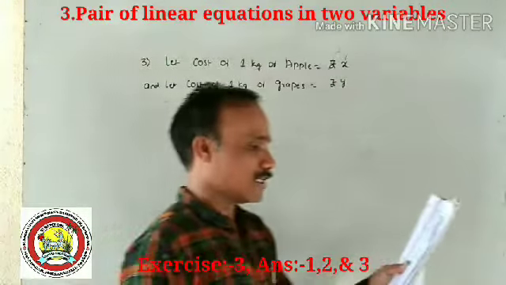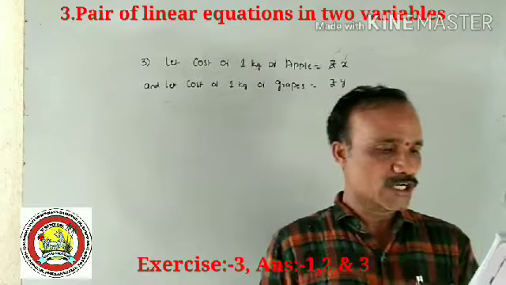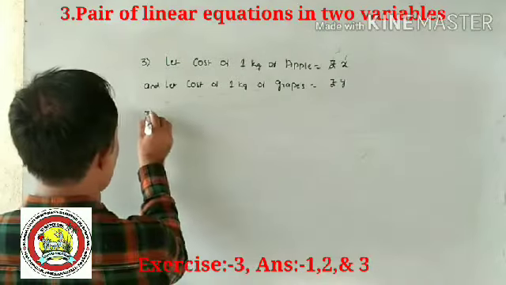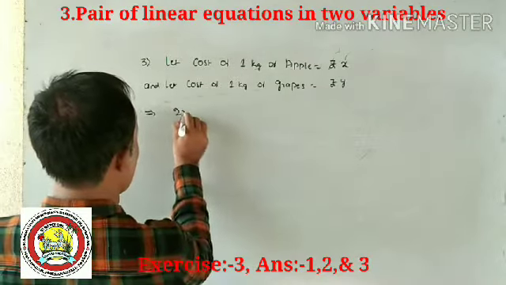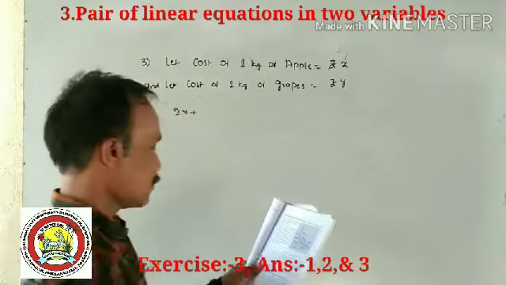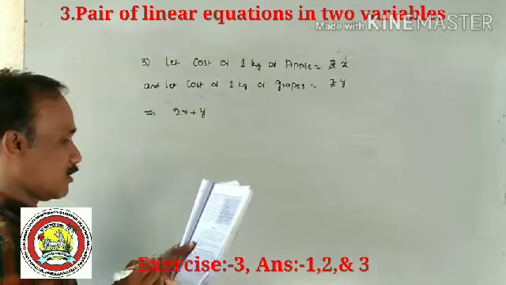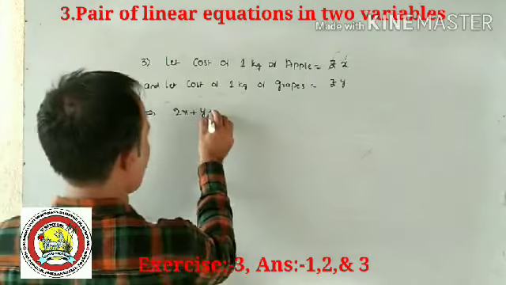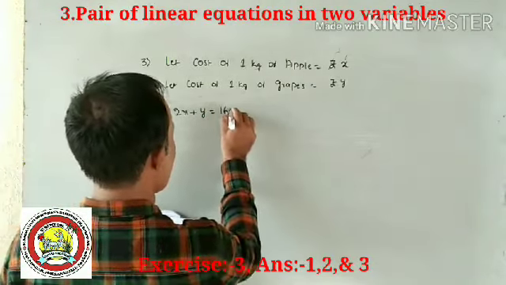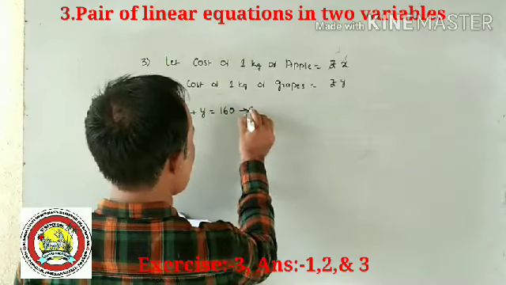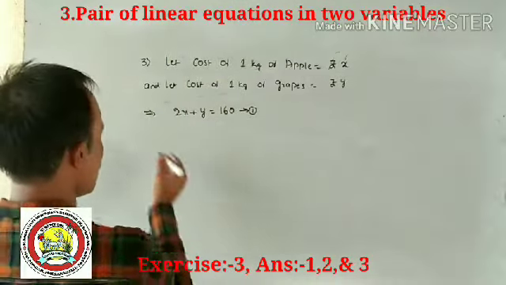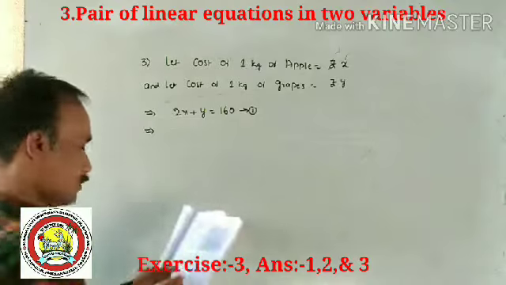According to the given condition, now you see here 2 kg of apples. What is the cost of 2 kg of apples? That is 2x plus 1 kg of grapes, that is y, as total cost, that is equal to 160 rupees. Call it 1. Next, second case.